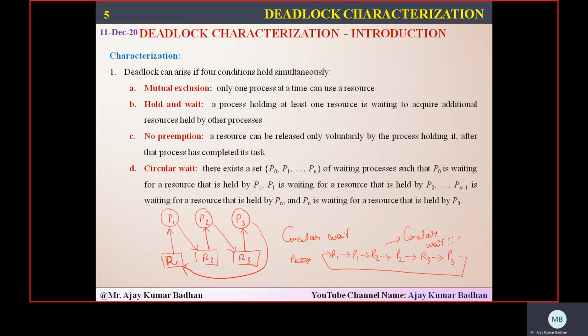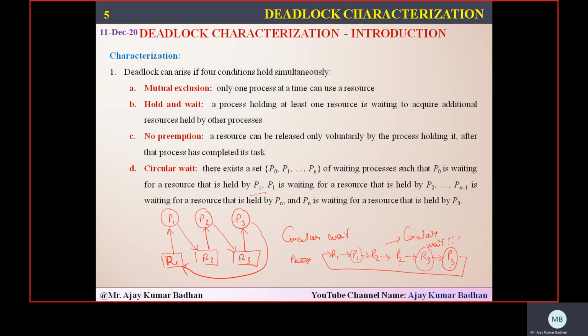So there exists a set of waiting processes, in such a way that P1 is waiting for a resource R2 which is held by P2. P2 is waiting for a resource R3 which is held by P3.